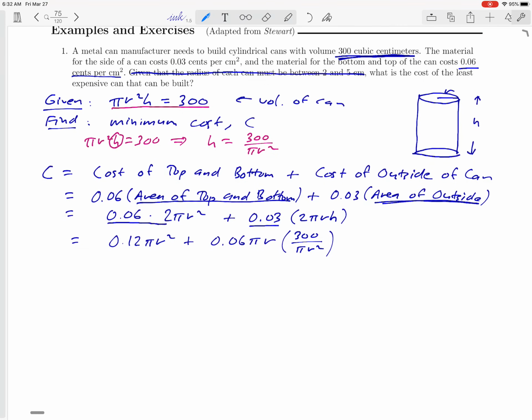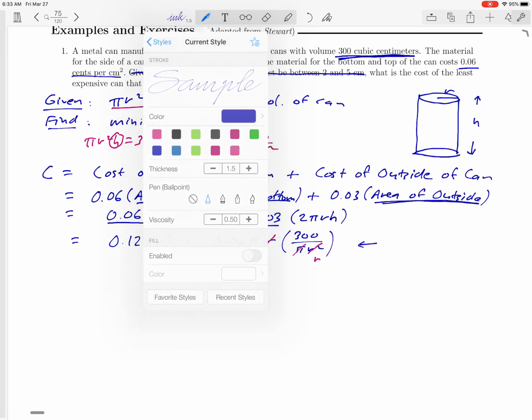So in theory, we can take the derivative of this, but the form of our equation is still pretty ugly. This would not be an easy derivative to take. So let's think about, can we simplify this expression? Notice that some things cancel. For example, the pi's cancel. And then we've got an r in the numerator and an r squared in the denominator.